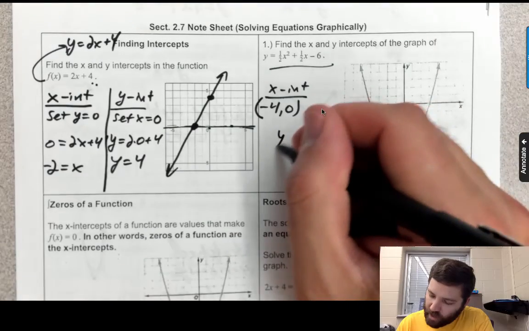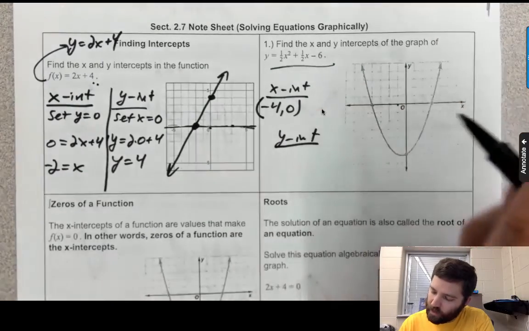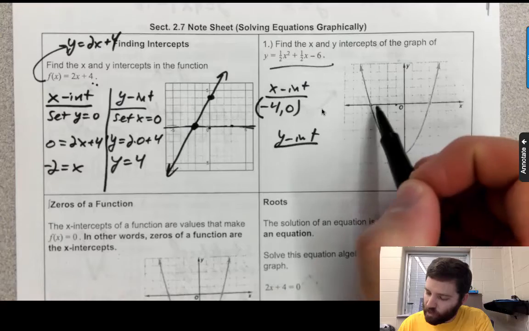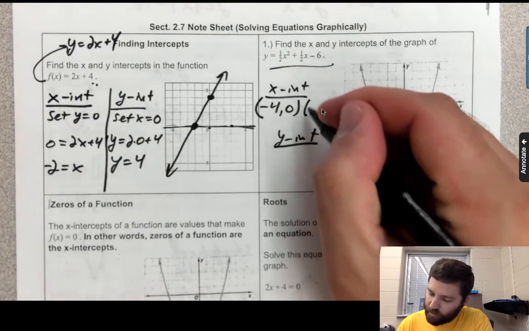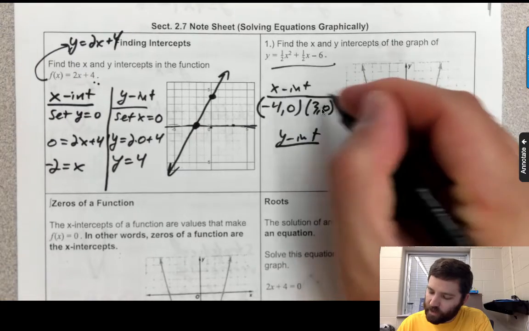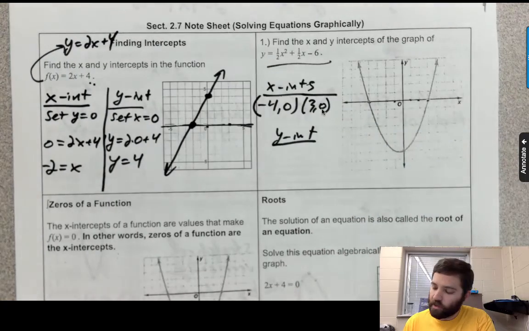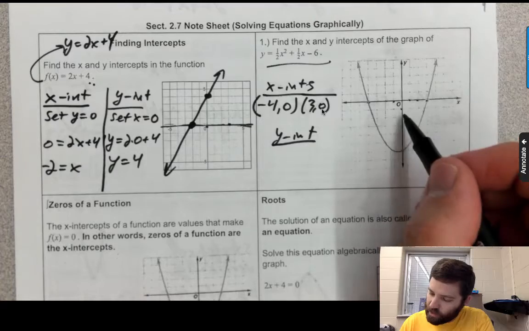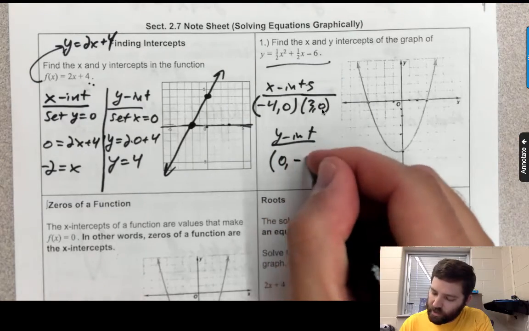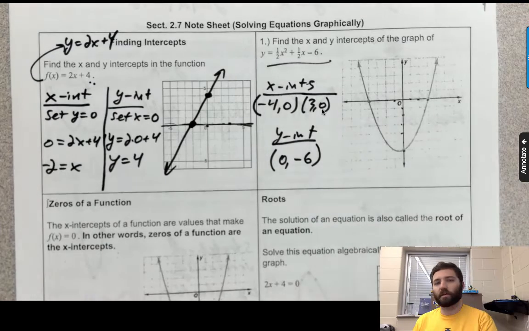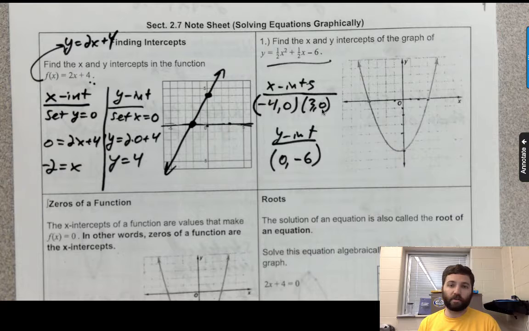Sorry, there's two x-intercepts. There's one at (negative 4, 0), and then there's another one at (3, 0). So there's two x-intercepts on this graph. There's a y-intercept here at (0, negative 6). Again, the x-intercept is where the graph crosses the x-axis, and the y-intercept is where the graph crosses the y-axis.